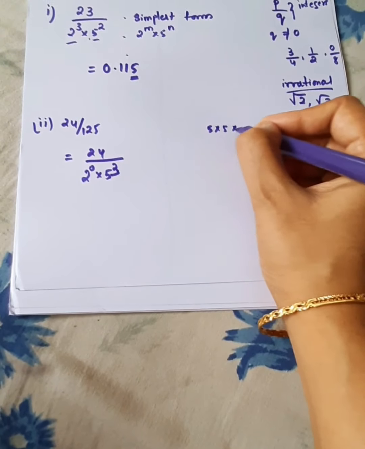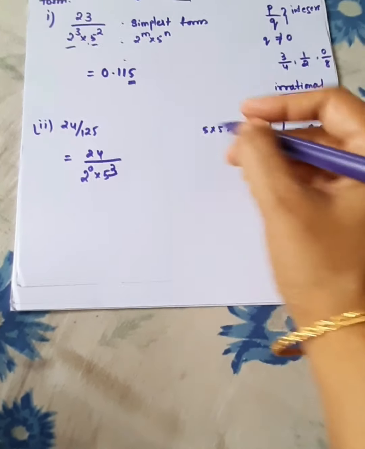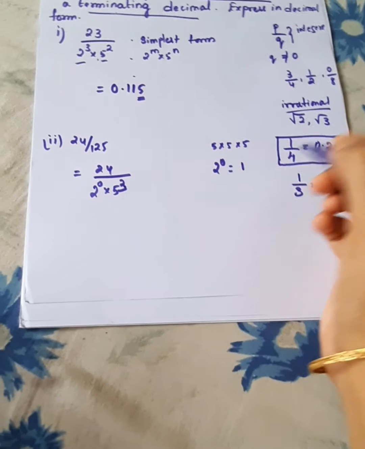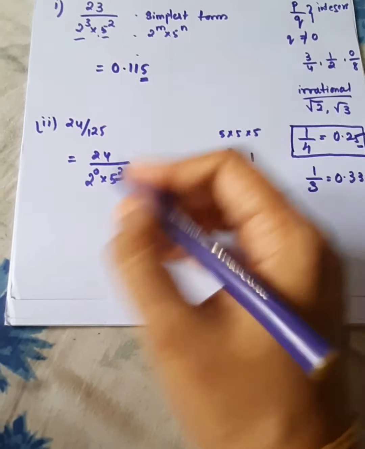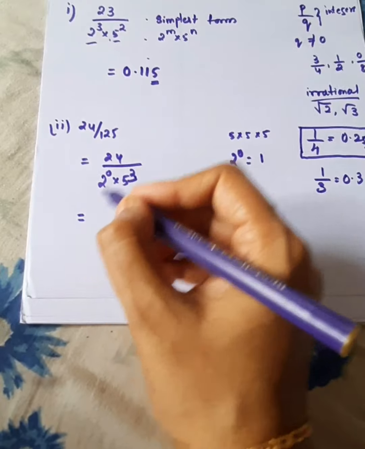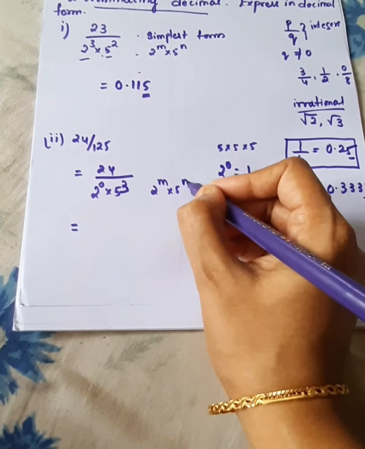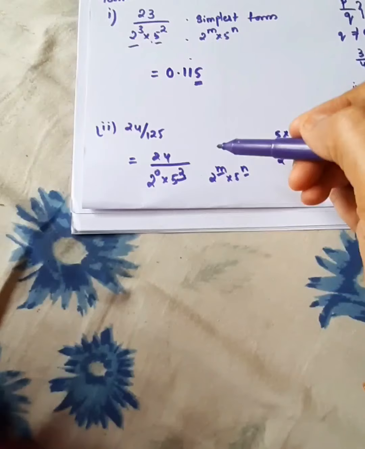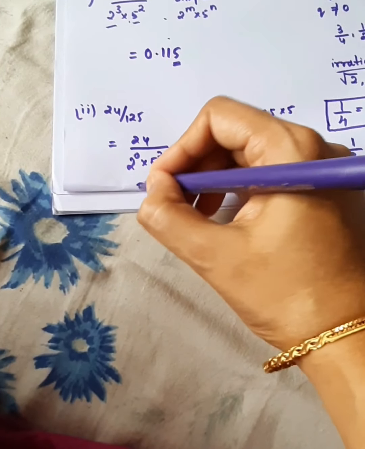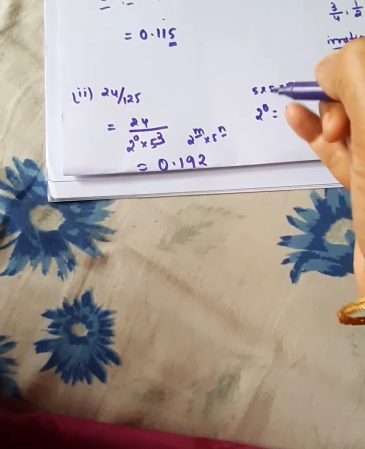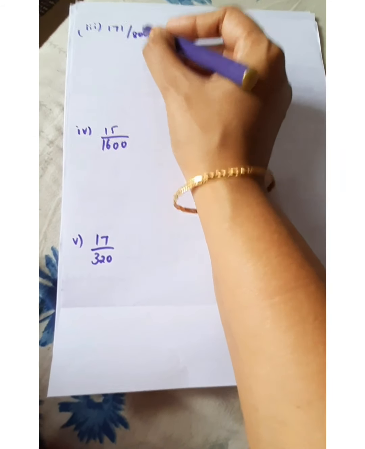So that's what 5 to the power of 3 means. And 2 to the power of 0 is 1. So again, it's of the form 2 to the power of m, 5 to the power of n. So when we do the fraction into decimal, it is 0.192. So that's also terminating.